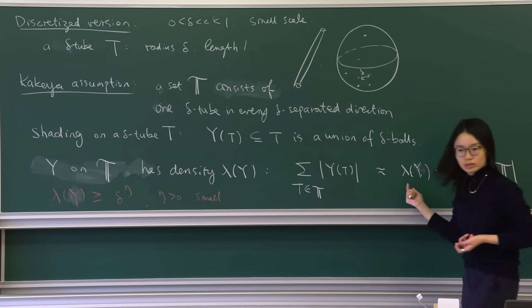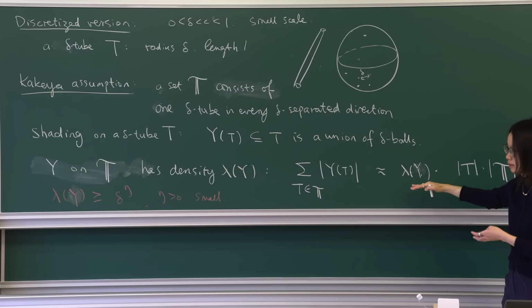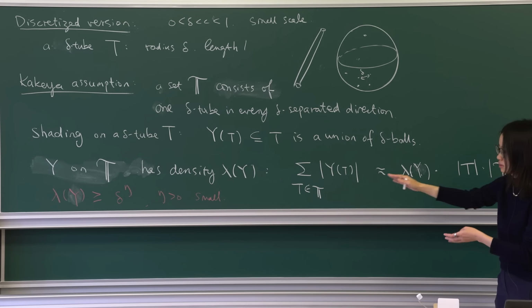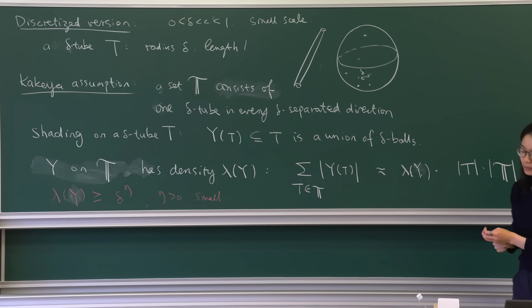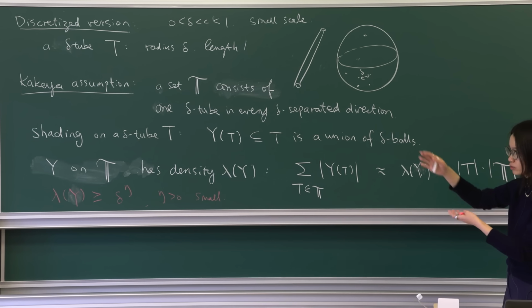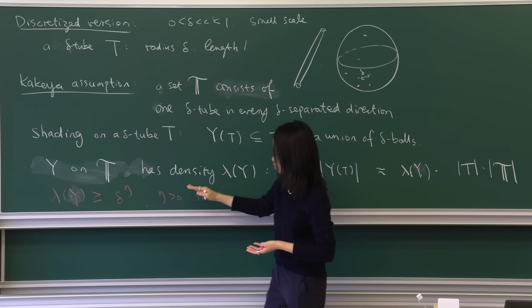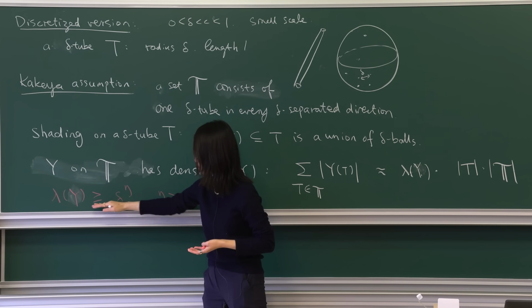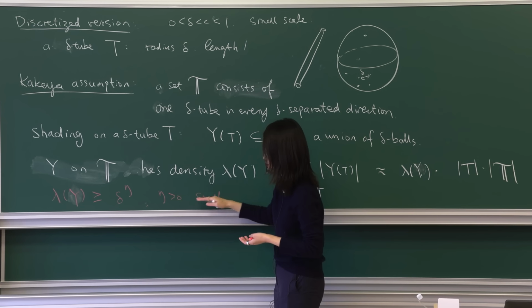In general, it's also very interesting and much more difficult to study the case when the shading is much less, let's say delta to the 1/2, for example. But for the sake of proving the Kakeya set conjecture, it suffices to study the shading when it's sufficiently large. And usually this eta goes to 0 very quickly.